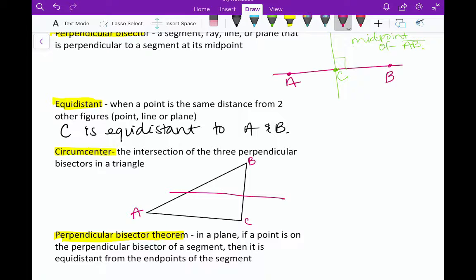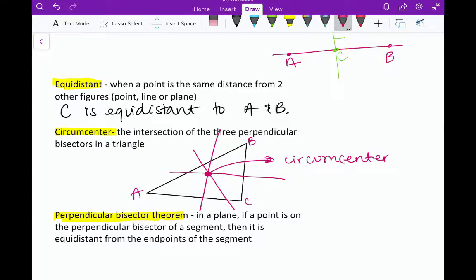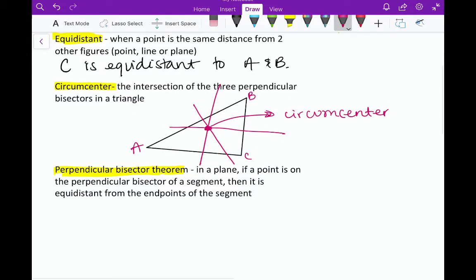And then this is the perpendicular bisector of AC. And then this would be the perpendicular bisector of AB. And so this point here, where all the perpendicular bisectors intersect, is called the circumcenter. And the circumcenter can be used to circumscribe a circle, which again, we'll take a look at in GeoGebra.